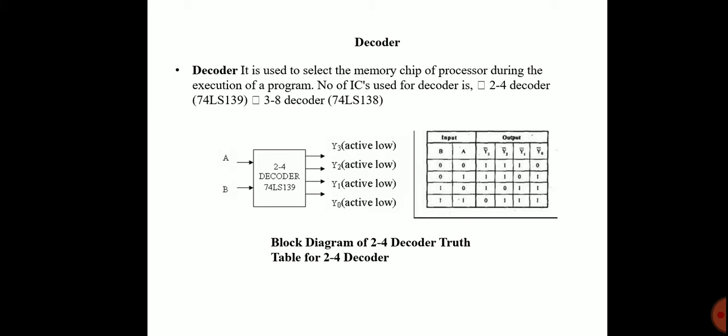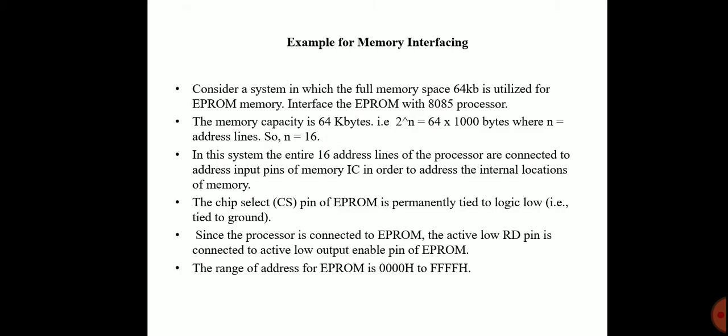The input terminals A, B are decoded into the 4 active signals, that is Y0, Y1, Y2, Y3, and the truth table follows the operation of the 2 to 4 decoder. So these are the functional block diagram, truth table and symbol of the 2 to 4 decoder in our microprocessor.